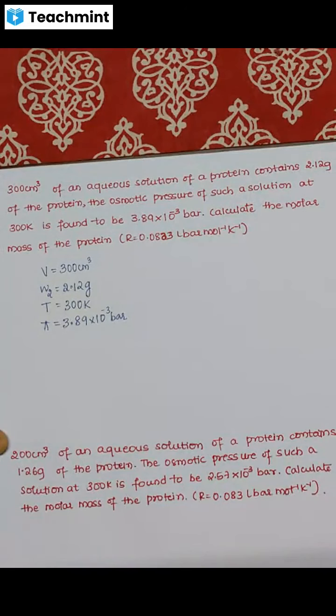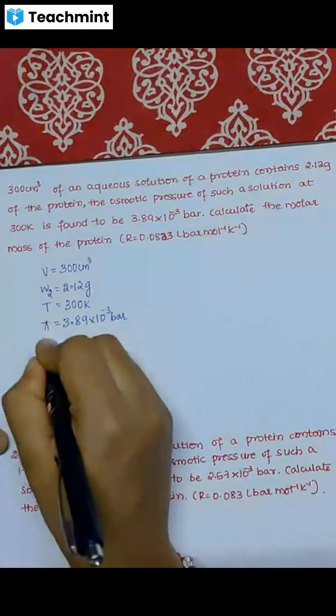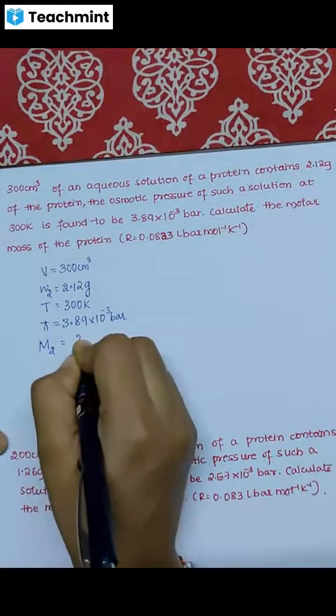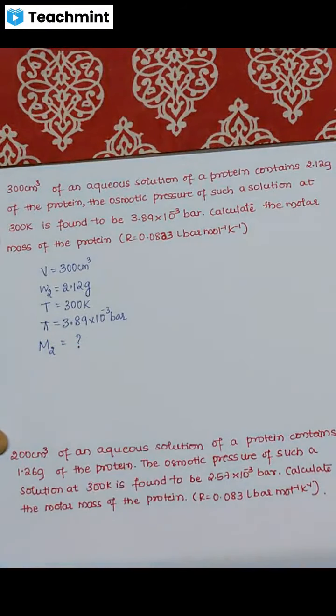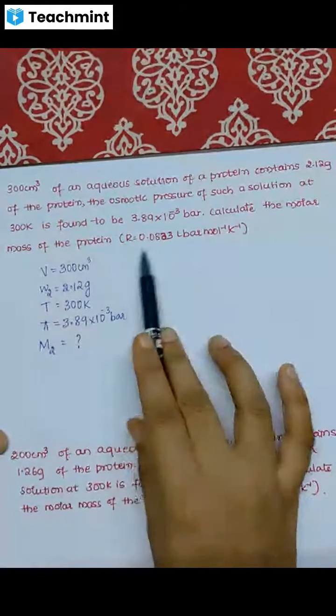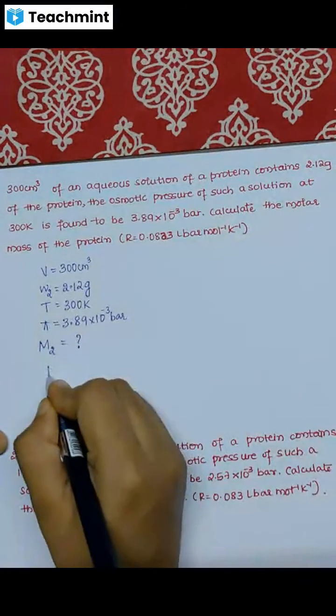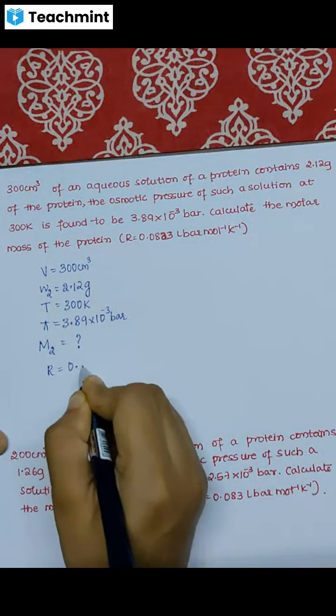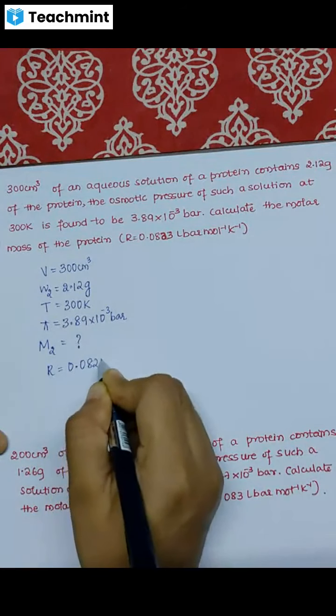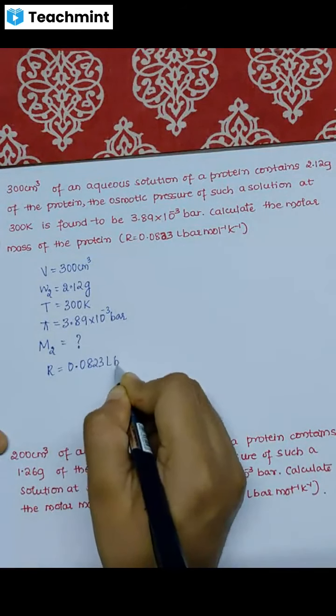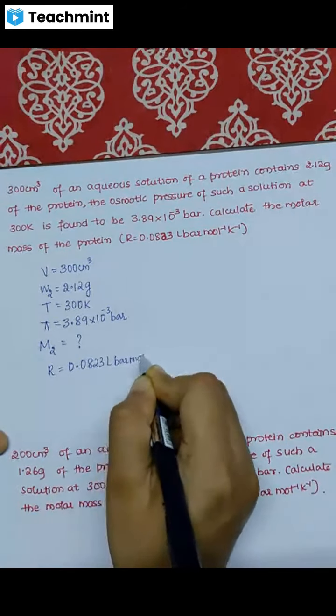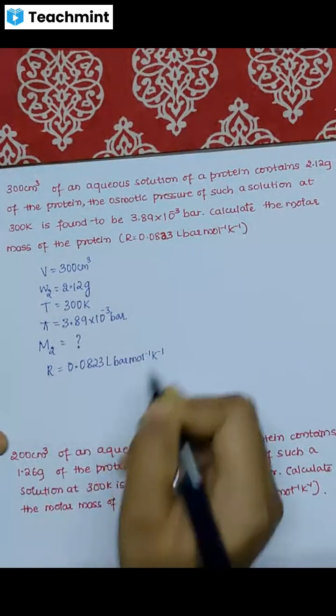Calculate the molar mass of the protein. So they have asked us to calculate what is M2. And within bracket they have given R. The R value is given as 0.0823 liter bar per mole per Kelvin.